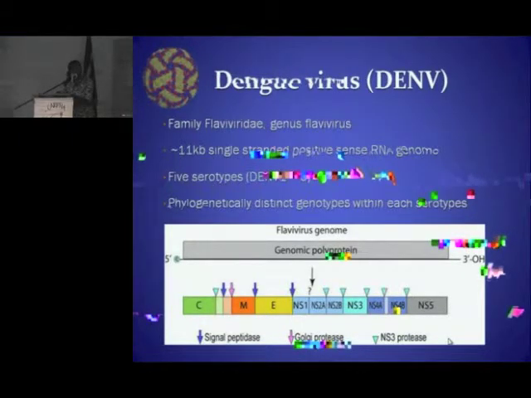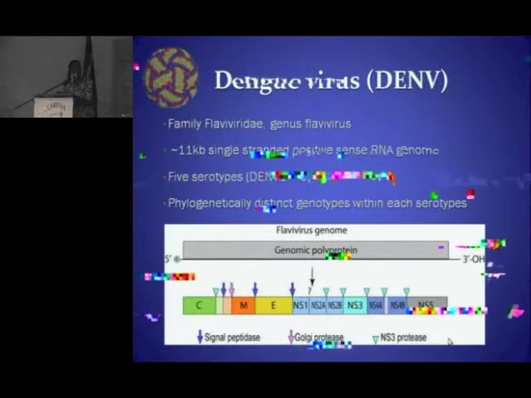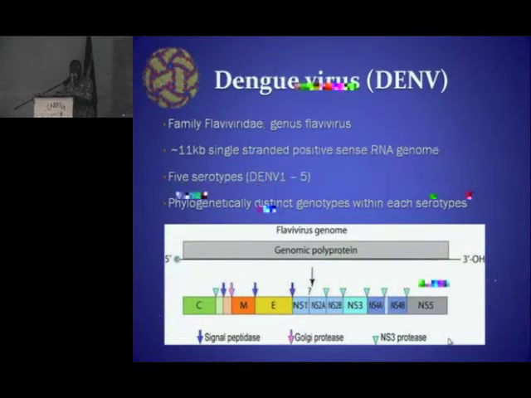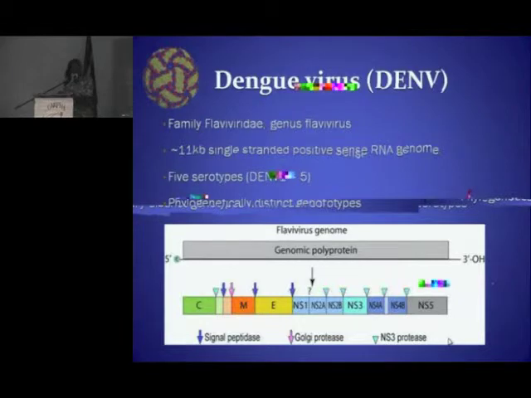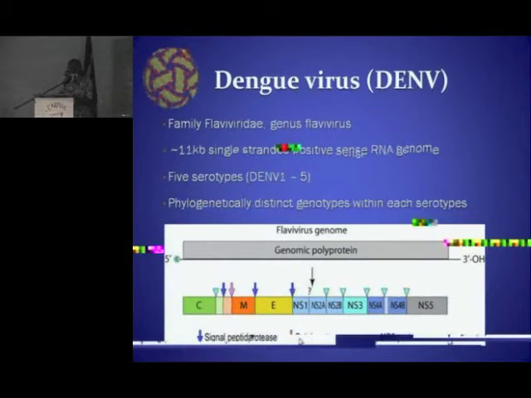However, recently there was a report of a 5th serotype identified in Malaysia, but this serotype appears to be sylvatic. The full report on this serotype is not out yet, so we look forward to it with bated breath. Now, you have these 5 serotypes, and within each serotype you have different genotypes.